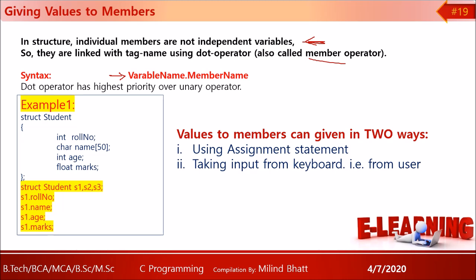Now if I want to assign some values to it, I have to follow these two criteria. Values to members can be given in two ways: using an assignment statement, or by taking input from the keyboard directly from the user. This is actually the initialization part of a structure.